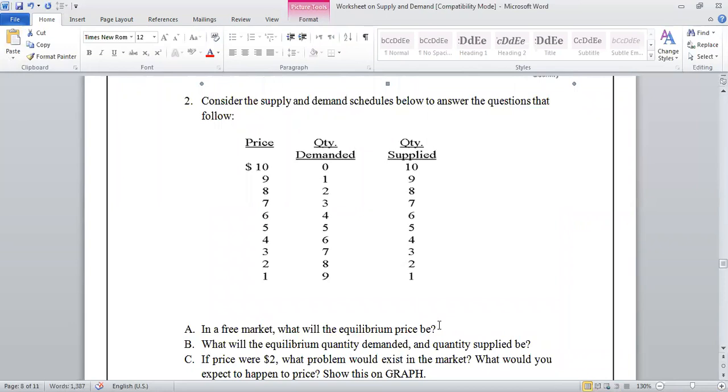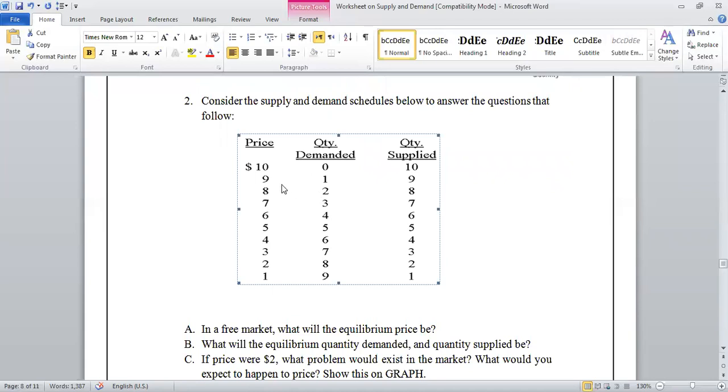What do we mean by equilibrium? Equilibrium is when quantity supplied equals quantity demanded. Let's look at the prices and see when supply and demand are equal. When the price is 5, quantity demanded is 5 and quantity supplied is 5.